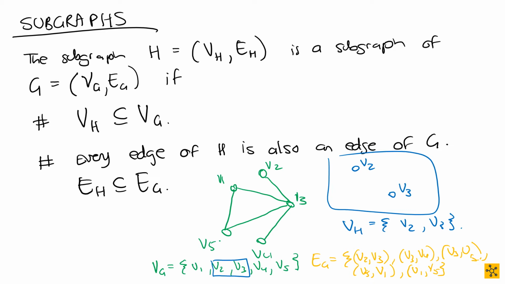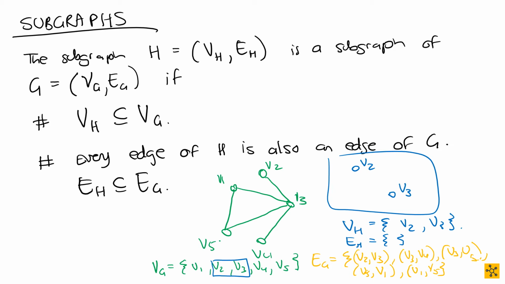And luckily for us, our EH is an empty set. So any of the edges in EH do feature in EG because it doesn't feature any edges.